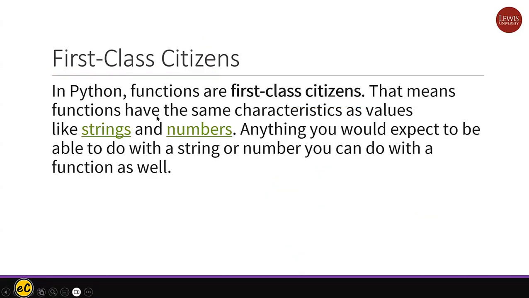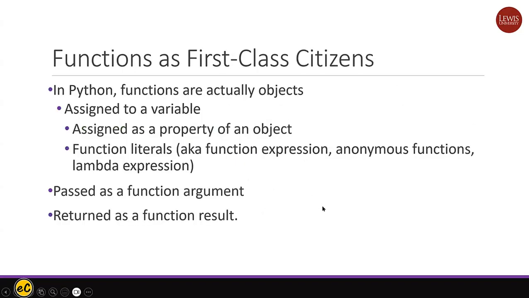In Python, functions are first-class citizens. They can be put anywhere they should be: as a parameter, as a return value, as a function call. In Python, functions are actually objects, so they can be assigned to variables, assigned as a property of an object, and can also be a functional literal.